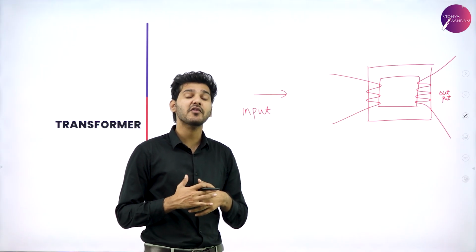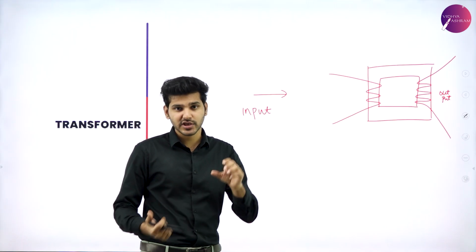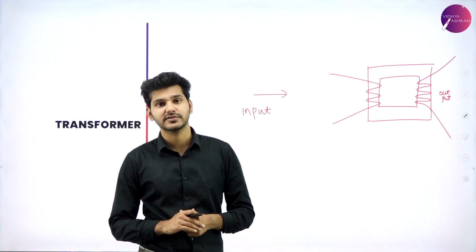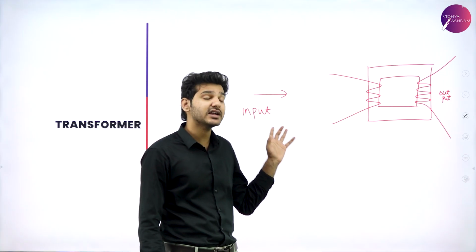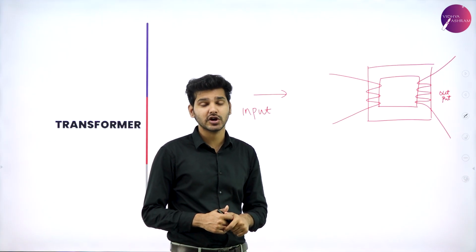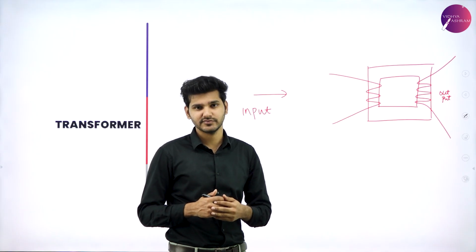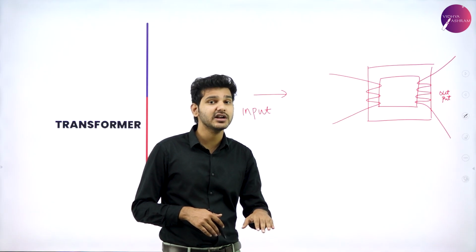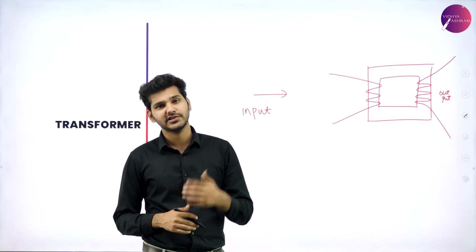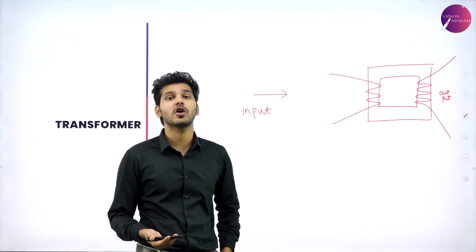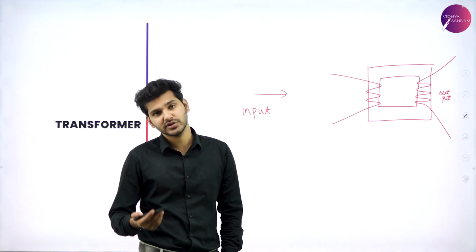Sometimes the current will have high values. That is why you can see thick lines on the posts. But the current that is entering into your house is not a high value current. It is actually a low value current with high voltage. That is Ohm's law, which is allowing us to do this.